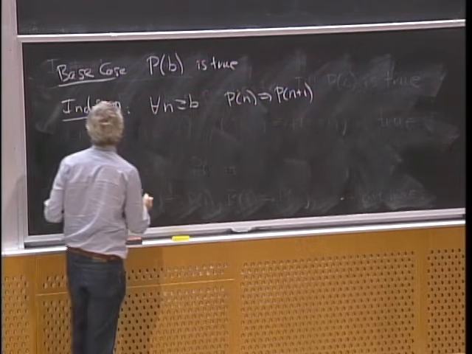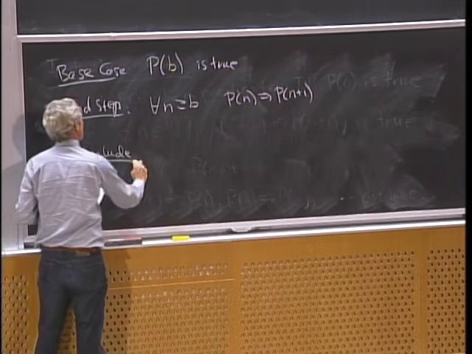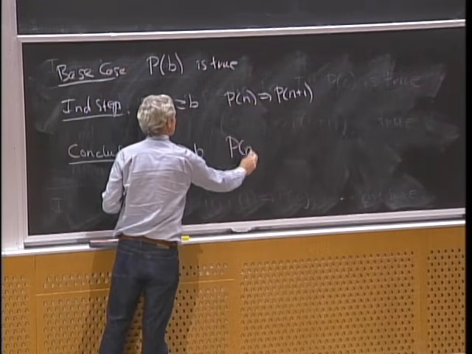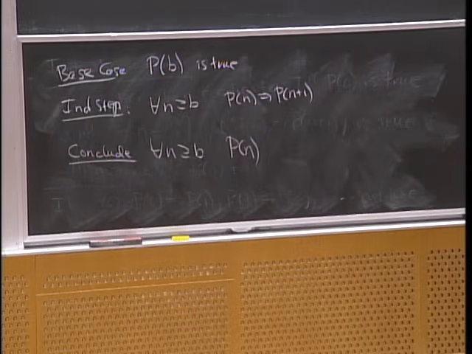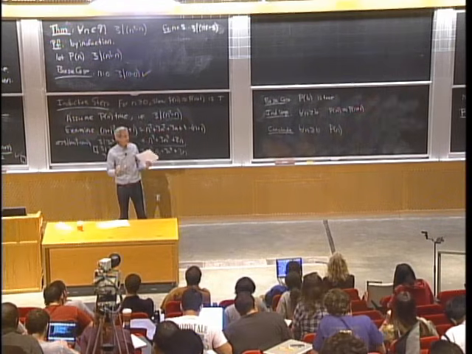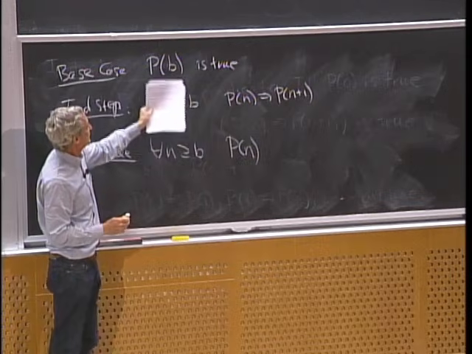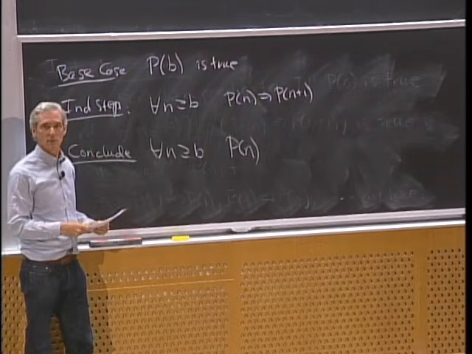And then your conclusion is that for all n bigger than or equal to b, Pn is true. So inductions don't always have to start at 0. You can pick where you start. Just make sure that you verify the starting point and you verify the implication for all n at that starting point and beyond.